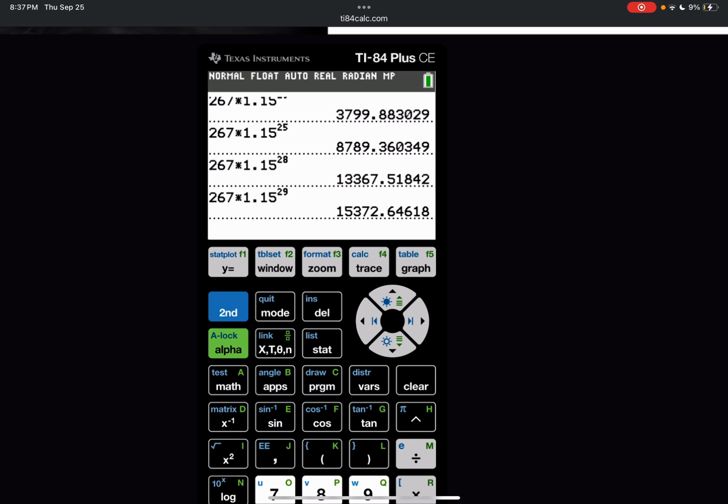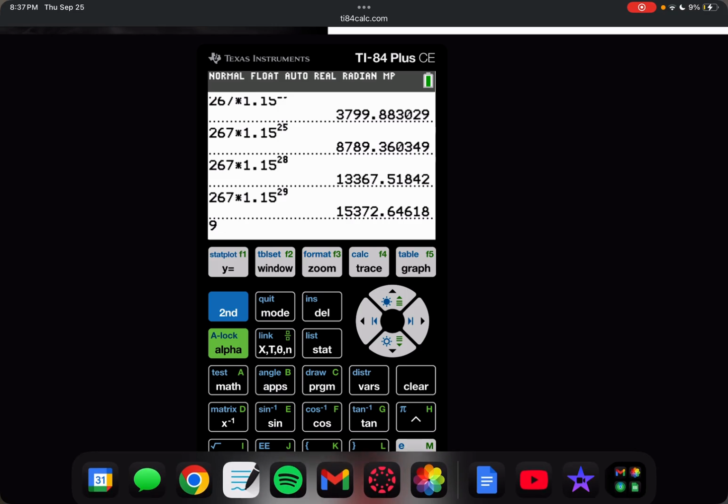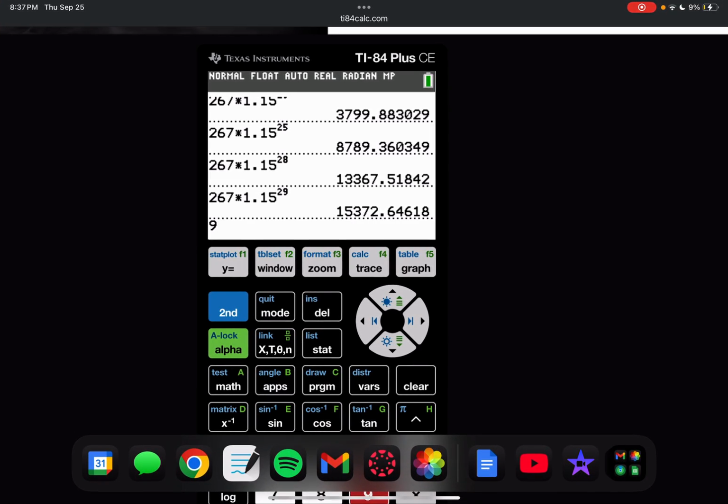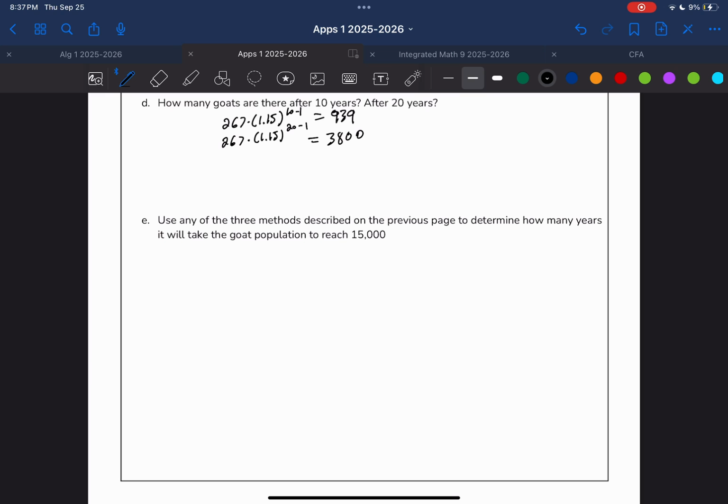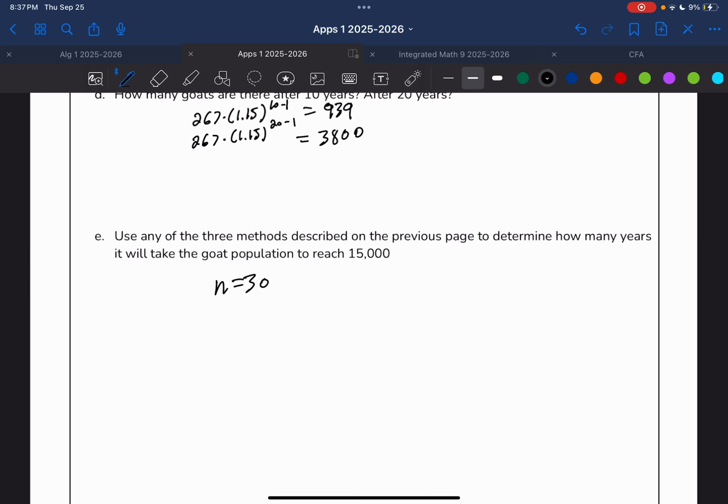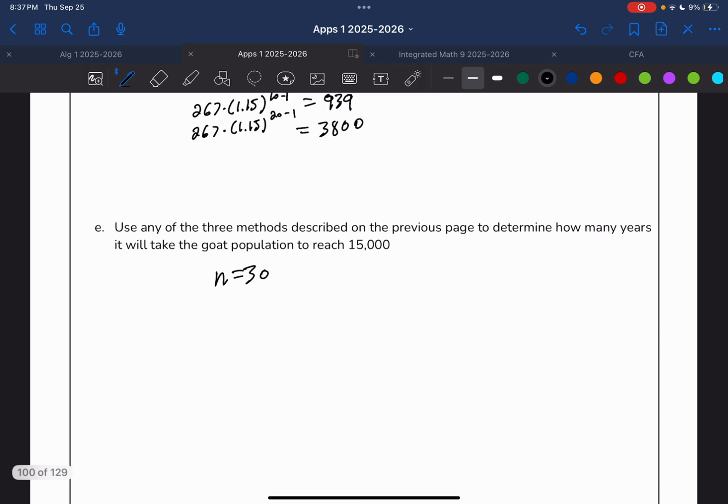So it's right during that 30th year that it's going to hit 15,000. You're going to finish 29 whole years and still not be there. During that 30th year, before you finish it, that's when the population is going to hit 15,000.